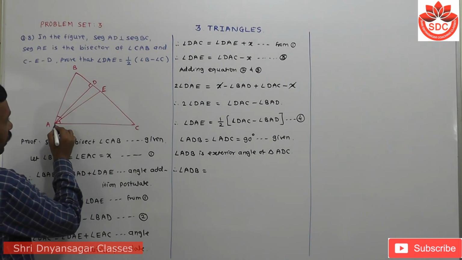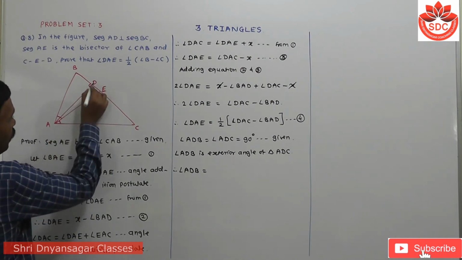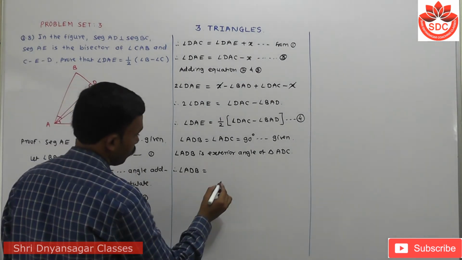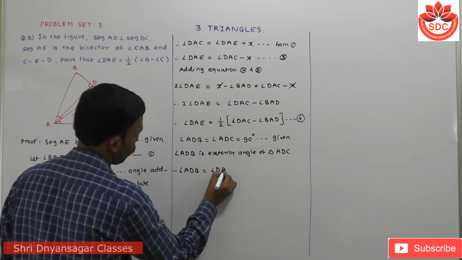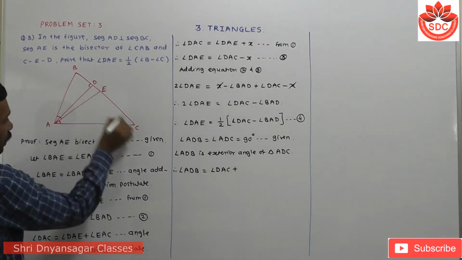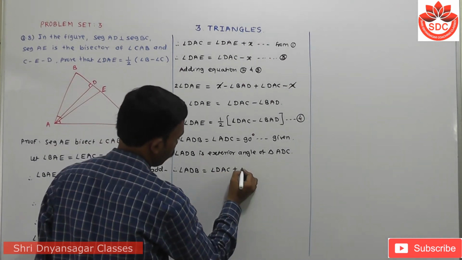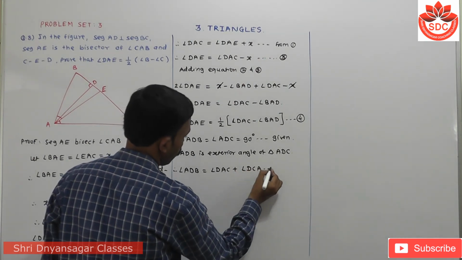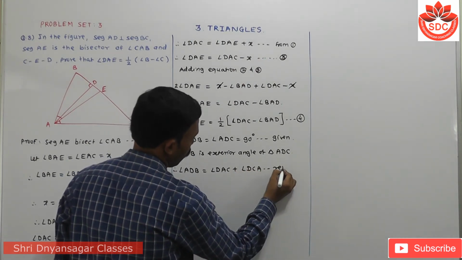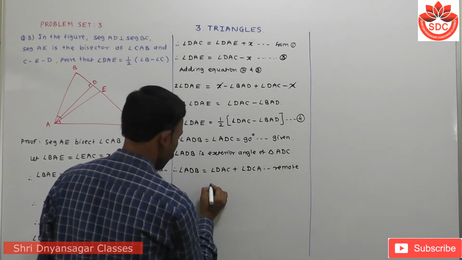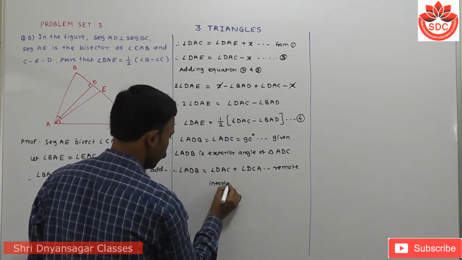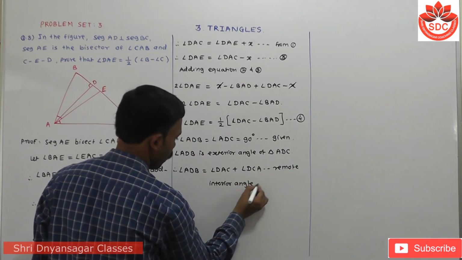Then by using the remote interior angle theorem, this angle ADB is equals to sum of this angle, means that angle DAC plus angle DCA. Reason is that by using remote interior angle theorem.